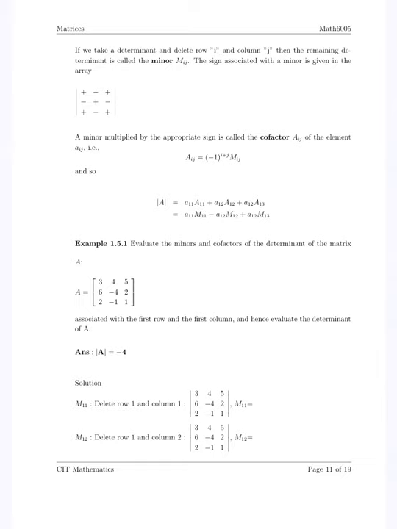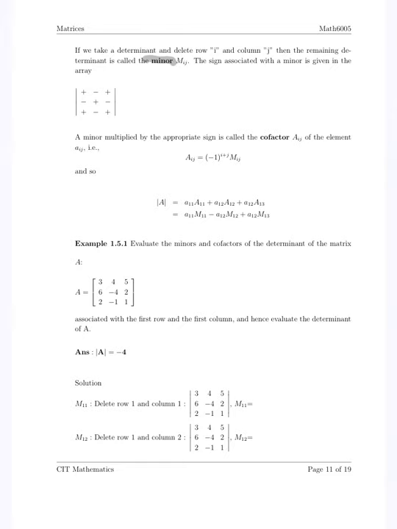So we saw there that we were deleting rows and columns, and we were being left with the determinant of a smaller matrix. That remaining determinant is what's called the minor. You might also have noticed that the first term was positive and then it was minus, and then the third term was positive again.